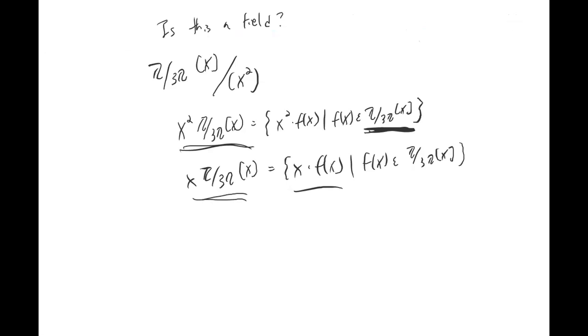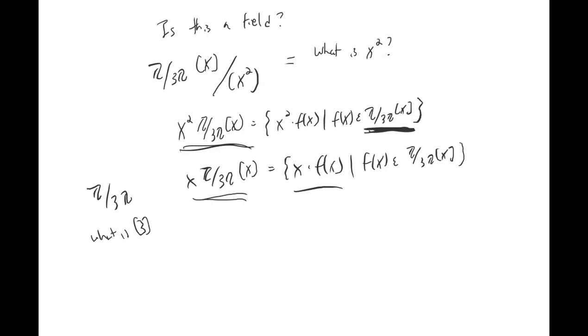If you don't like this way, then what is x squared in this ring? In the quotient, what is x squared? If I'm modding out by x squared, what is x squared? Yeah, it's 0. Kind of like this: if I mod out by 3Z, what is 3?